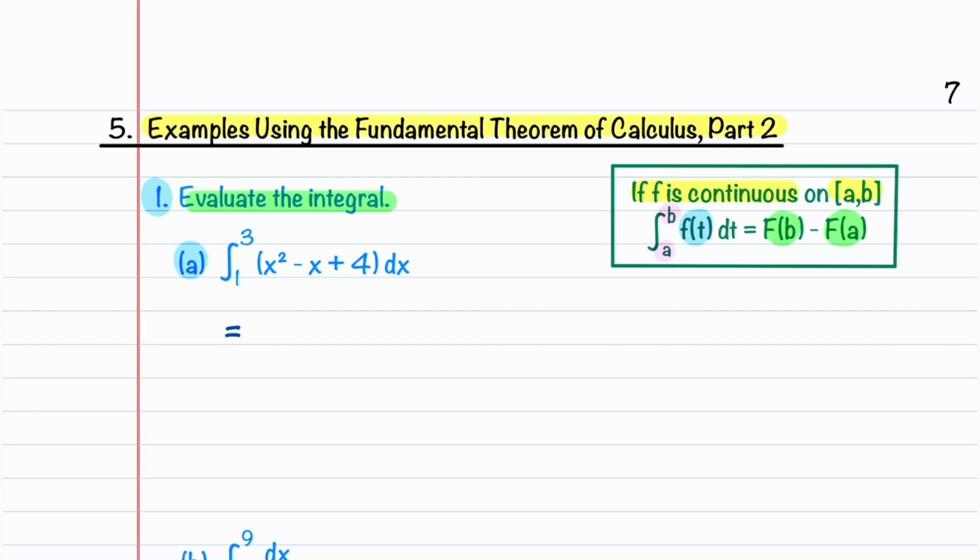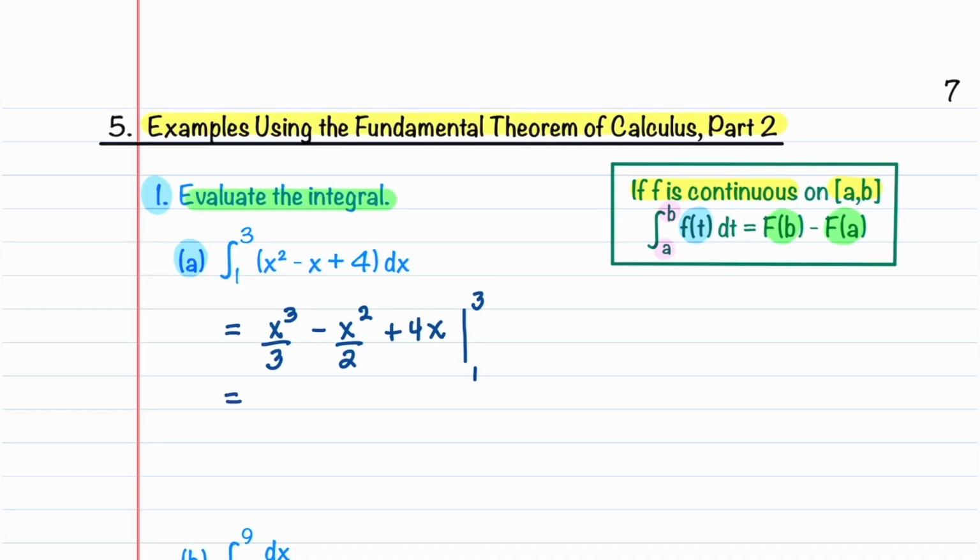The antiderivative is x cubed over 3 minus x squared divided by 2 plus 4x. And we're going to evaluate this from x is equal to 1 to 3.